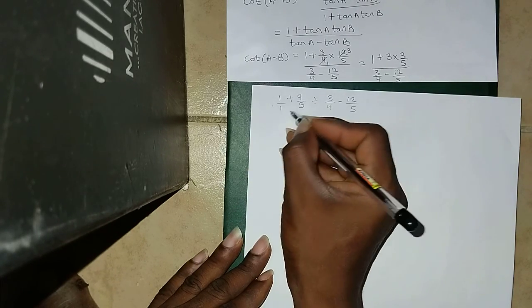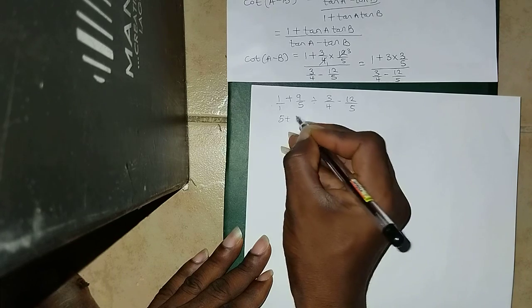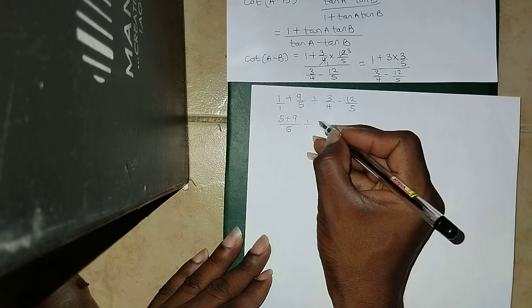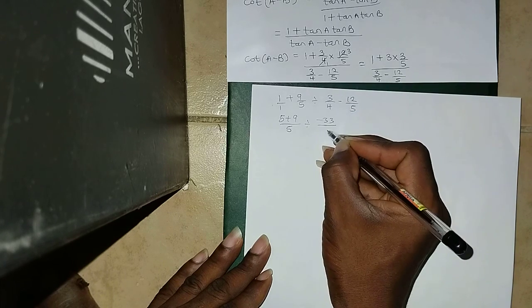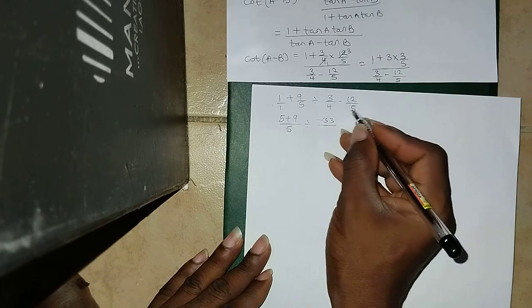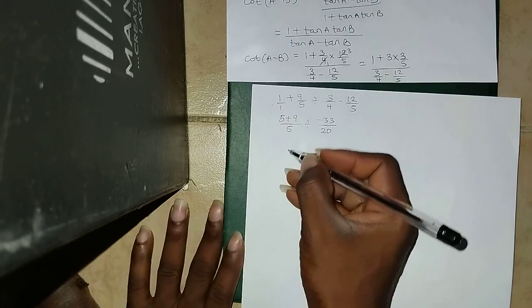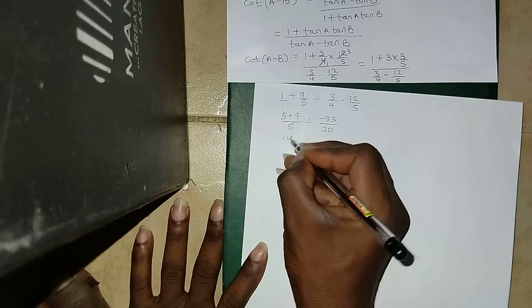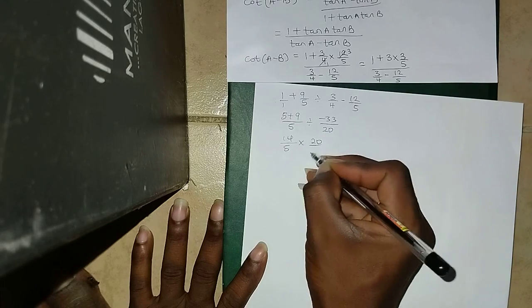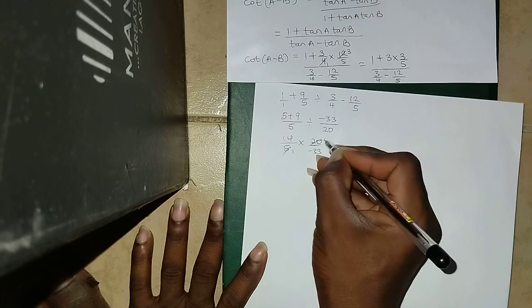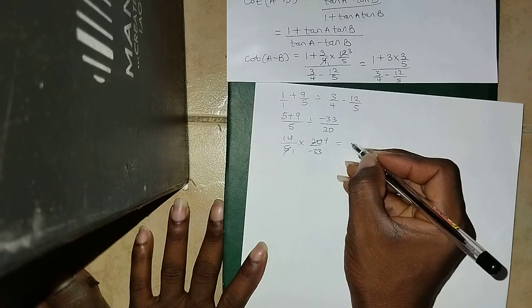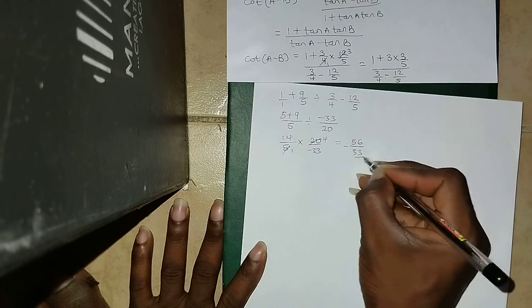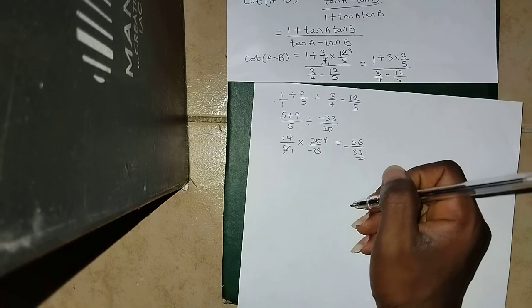The LCM for this one should be 5 plus 9 over 5, divided by, if I do the LCM for this fraction, I'll be having minus 33 over the LCM, which is 20. So I can interchange it and bring this: 14 over 5 times 20 over minus 33. Cancel here 4, and that is minus 56 over 33. Let's not forget the minus. And so this is our answer.